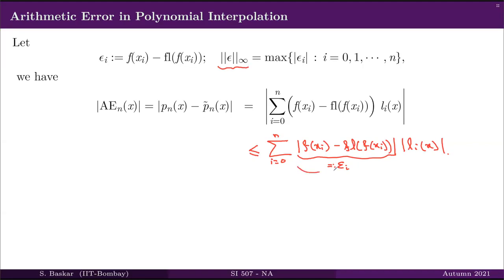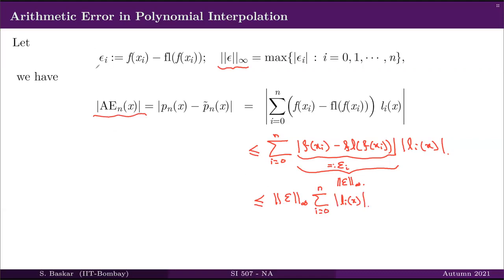Therefore, we will dominate all these terms in the summation by norm epsilon infinity, and thereby we will have this less than or equal to norm epsilon infinity times sigma i equal to 0 to n mod Li of x. I'm trying to find an upper bound for the arithmetic error.